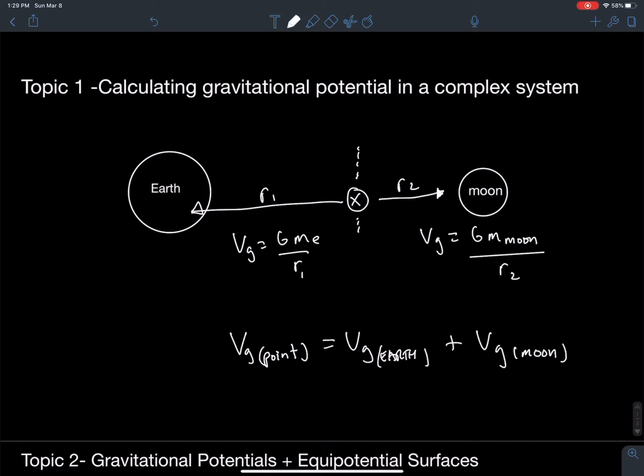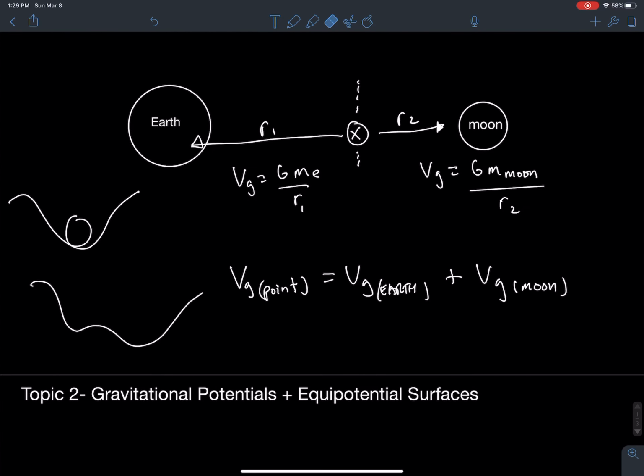And one way I can think about that is that conceptual well approach. If I just have a well due to the Earth, but then I add a well due to the moon, what's going to happen is that curvature in space is going to get deeper because there's two objects inside. Okay, sorry, this doesn't work out that well.